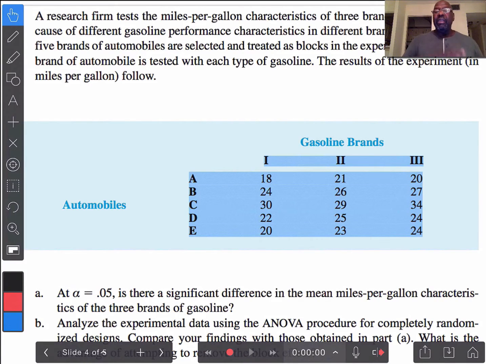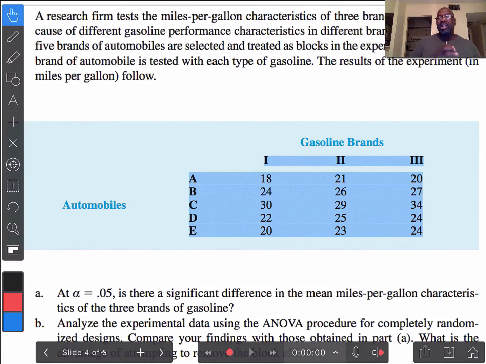Here, if I use 15 cars, 5 each, that is a balanced design, but still one-way ANOVA. Now I'm using 5 cars, but I'm repeating the experiment, and that's two-way ANOVA. So I hope we get the difference between one-way ANOVA and two-way ANOVA. The benefit of two-way ANOVA over one-way ANOVA is that you're controlling some of the added variation.